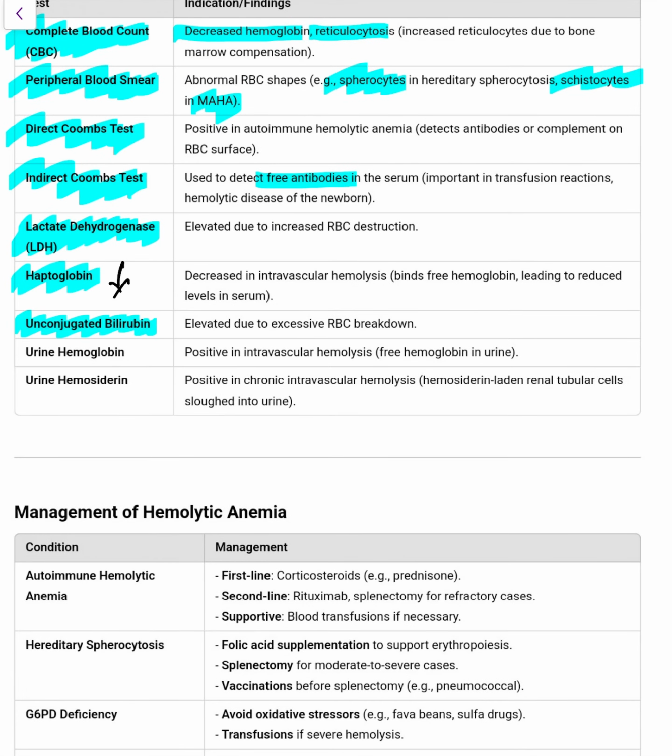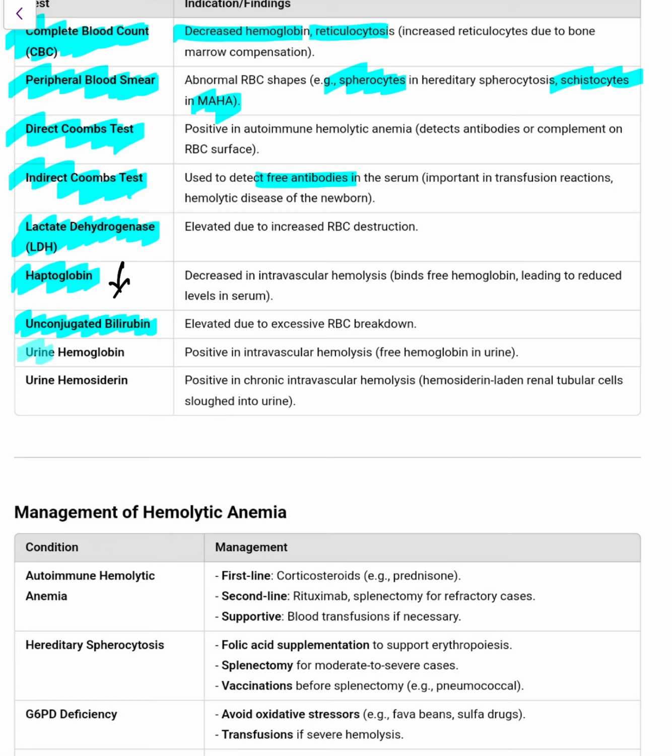Next is unconjugated bilirubin. If you see the RBC breakdown pathway, it will eventually lead to bilirubin formation. Biliverdin will be there, and then bilirubin. Then bilirubin will go into conjugation, and then it will be excreted through the bile. This pathway we all know. So when there is more and more destruction, the liver cannot handle that much bilirubin, so there will be elevation of the unconjugated bilirubin.